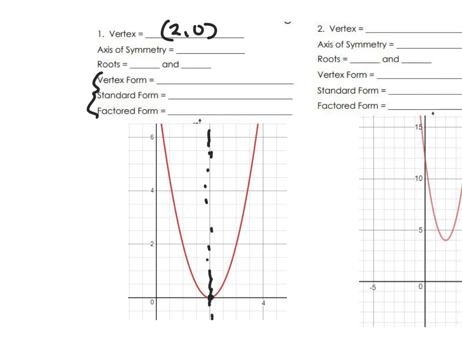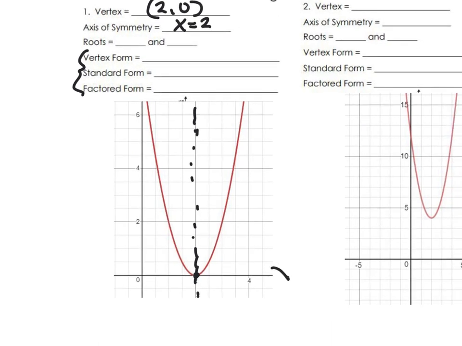It's going right through 2 at x equals 2. Your roots are where it's touching your x-axis. So I've only got one root. It's at 2, 0. There's only one. So you can just say x equals 2.